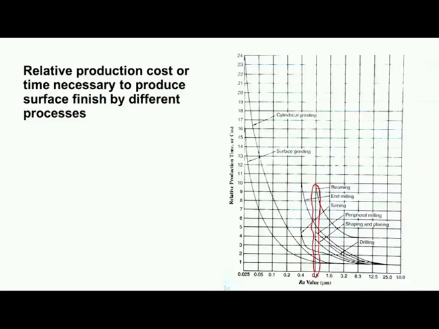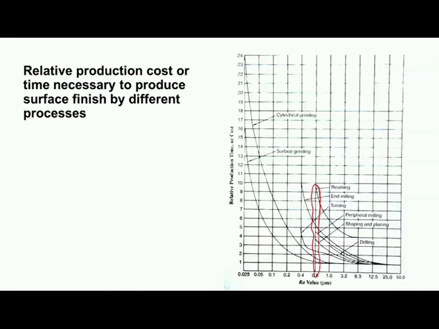Now we can compare the relative production time and relative production cost. When we want 0.8 micrometer Ra finish, the cylindrical grinding will easily give that finish, and the production time will be very short. They will be able to produce that fine finish. When compared to surface grinding and cylindrical grinding, other machining operations consume more time.